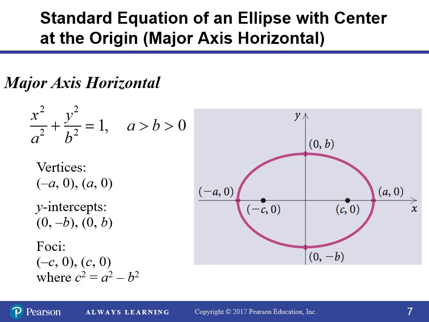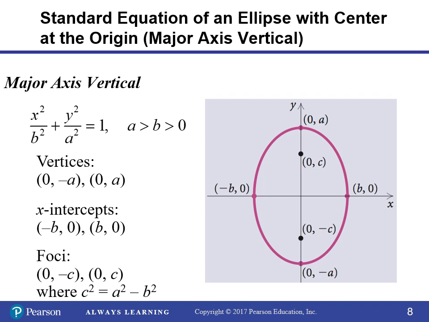So let's look at an example. Here we have the major axis is vertical. So in this case, everything's the same except b squared comes right here and a squared comes there. And again, a is greater than b is greater than 0.